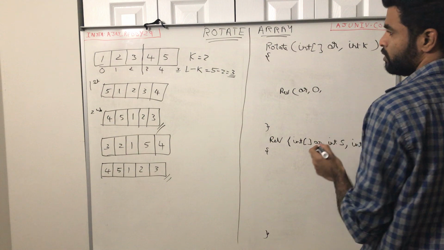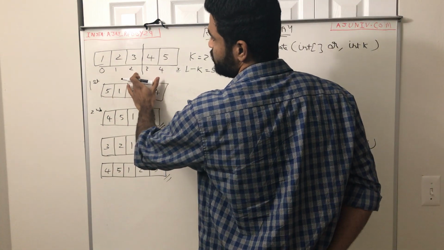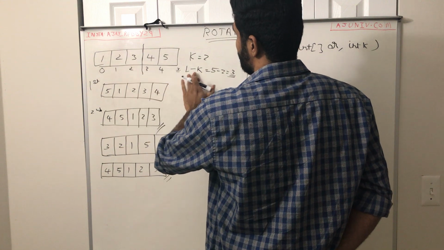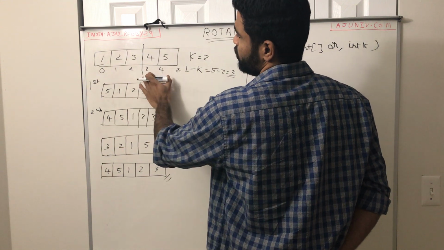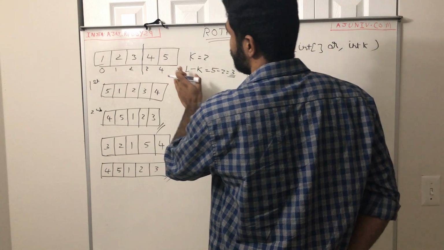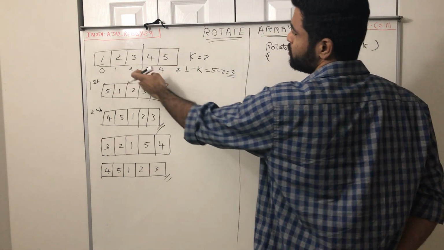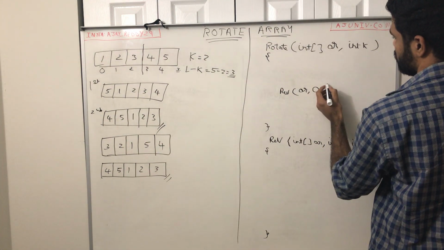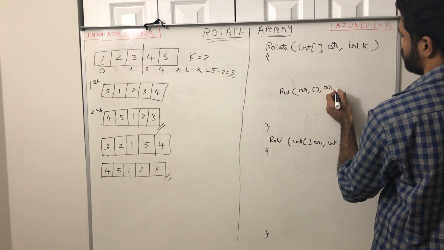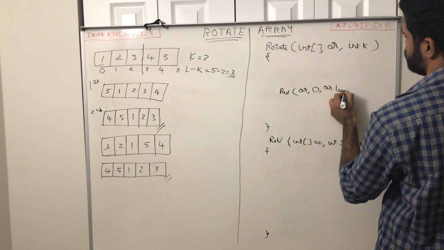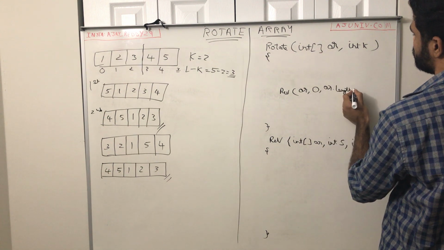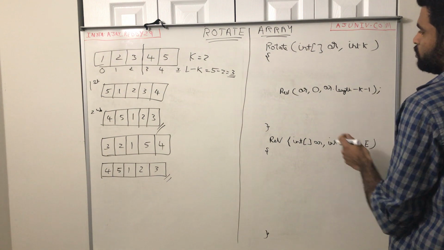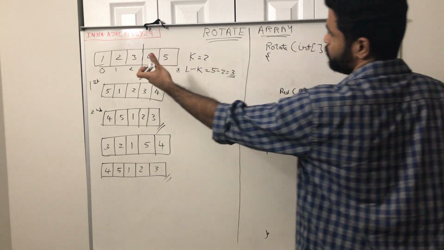And the end index of the left subarray is L minus k minus 1, which is 3 minus 1, that is 2. So if you do length of array minus k minus 1, you will get the end index of the left subarray. That would be arr.length minus k minus 1. Okay, this is the reverse operation for the left subarray.